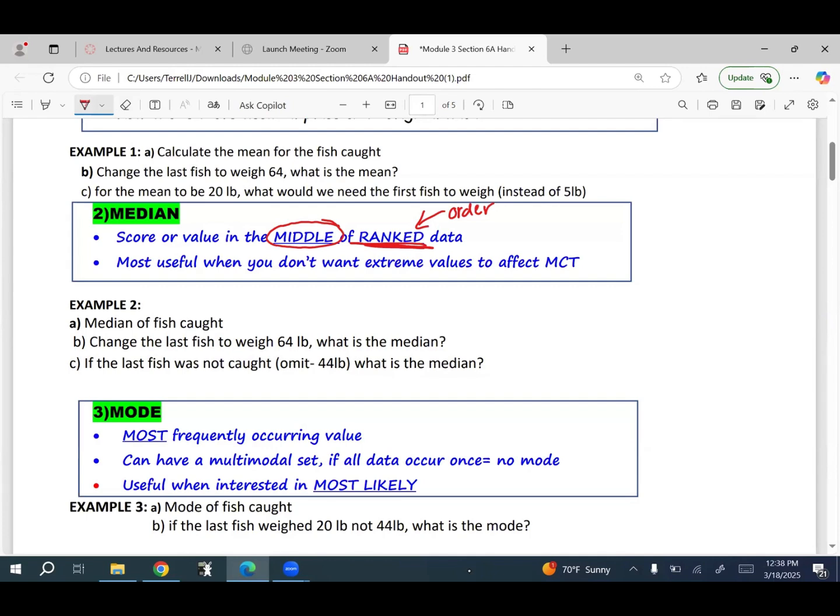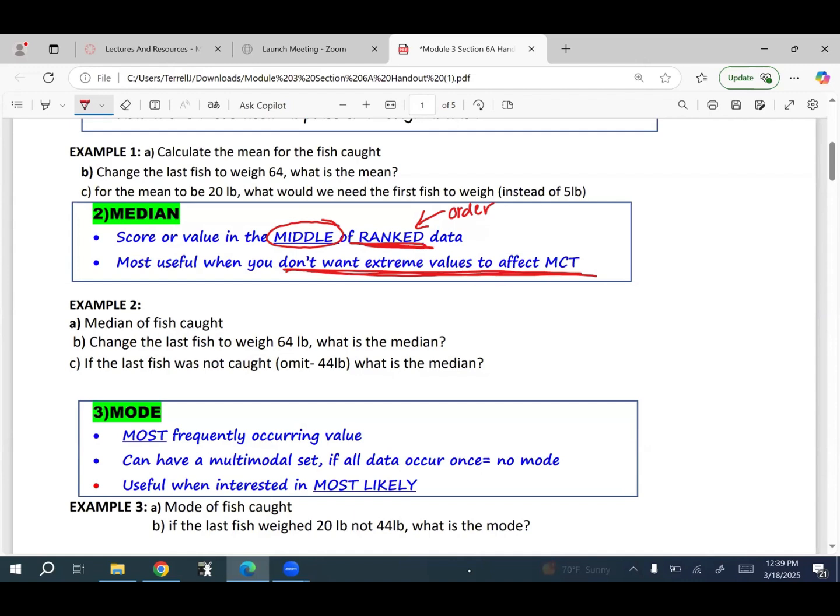A very important point is that the median is useful when you don't want extreme values to affect your MCT, your measure of central tendency, your measure of center. We'll see an example of this: the median is not affected by extreme values because the median is simply the middle number.